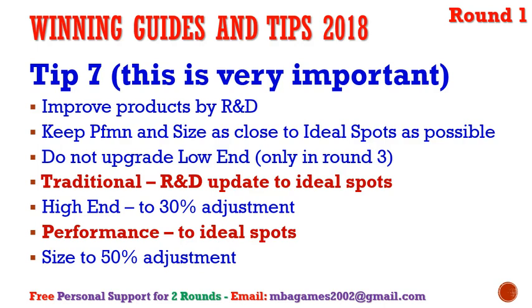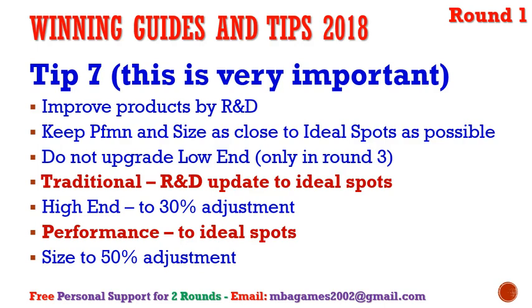Pricing is important, but less important than R&D. R&D is the most important decision in this game. So we need to update the product as close to the ideal spot as possible. Good performance and good size can sell well, especially from round 4, 5 to the end of the game. Traditional R&D updates to the ideal spot too. High end, we can update as close to the ideal spot as possible.